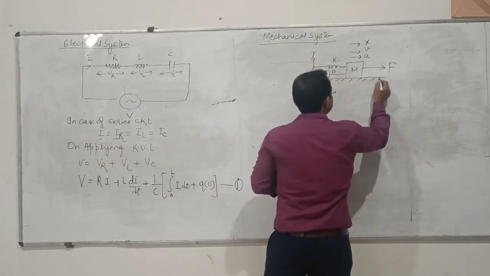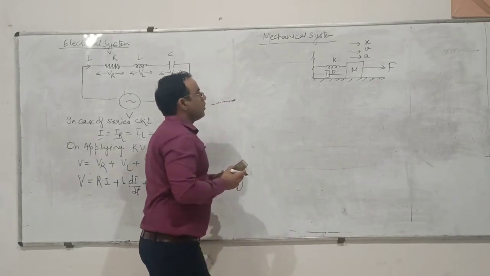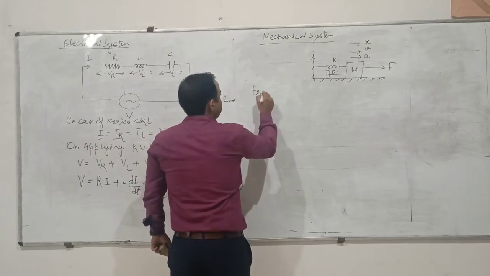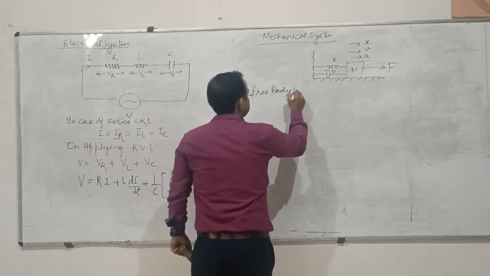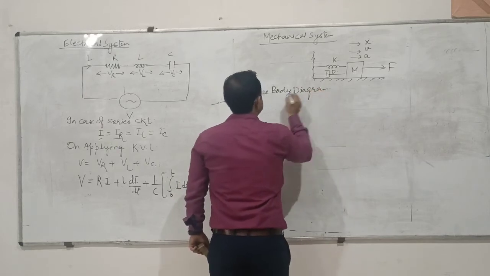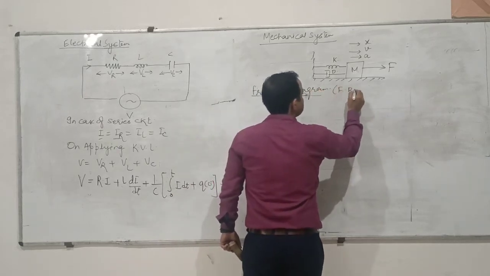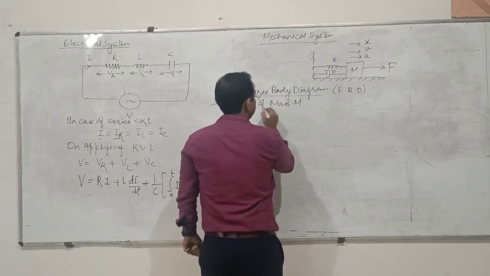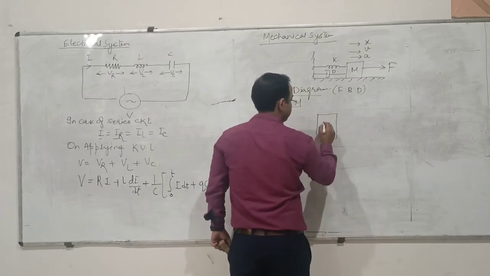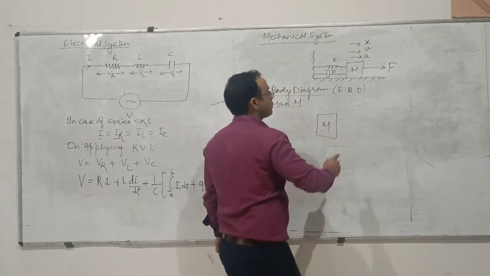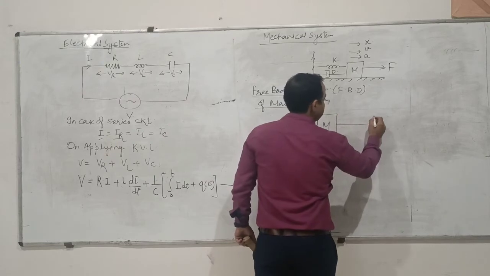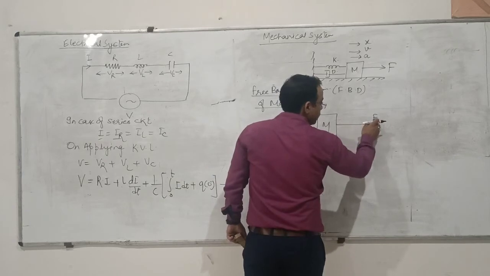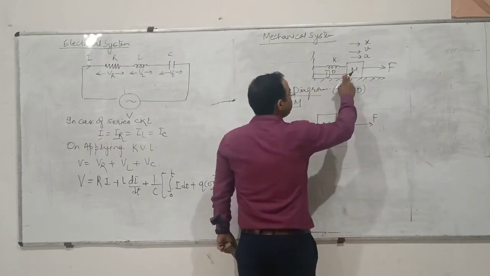Okay, so now first of all, in the mechanical system, we can draw the free body diagram, that is FBD of mass M. In the mass M, an external force F is applied on the right hand side, and because of the external force applied on the right hand side, there will be three forces.